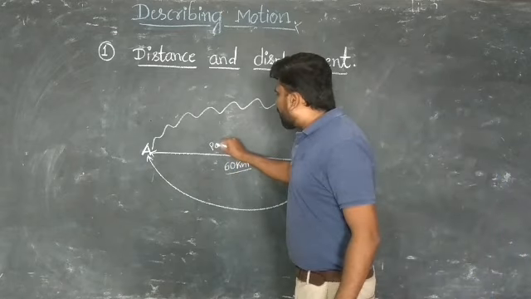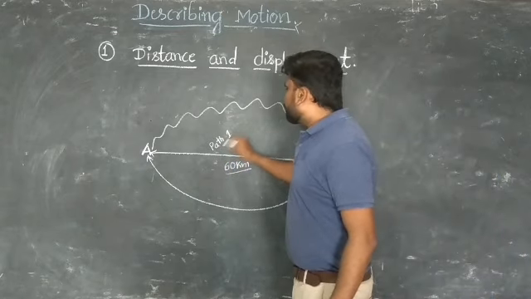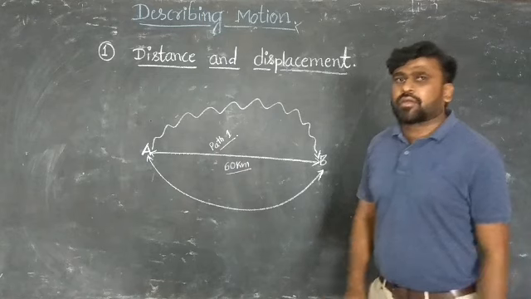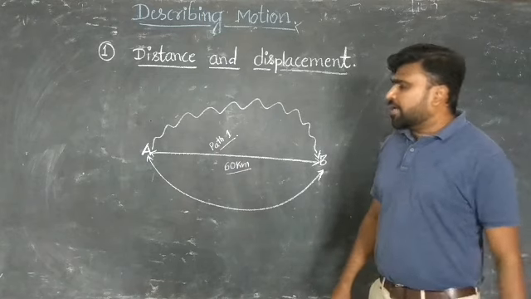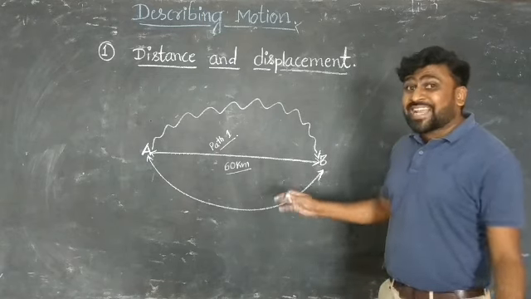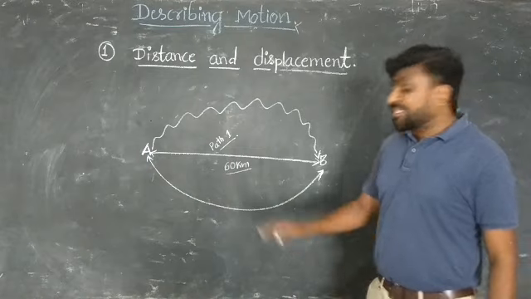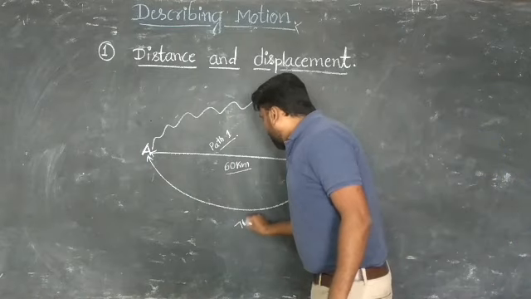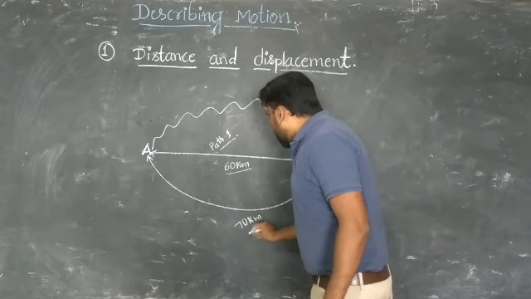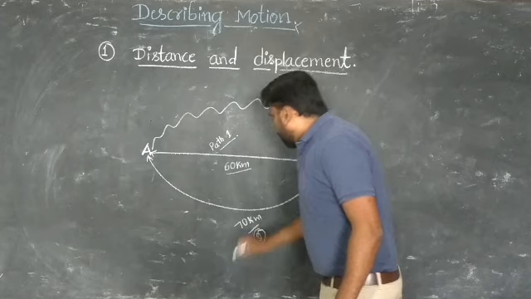Now this is path 1. Next, again Kadur to Shimoga, second route, the total distance is 70 km. This is path 2.